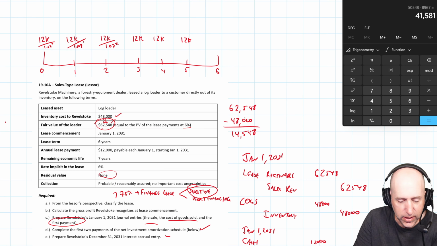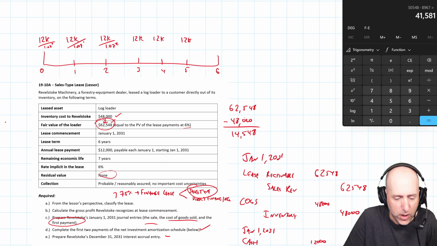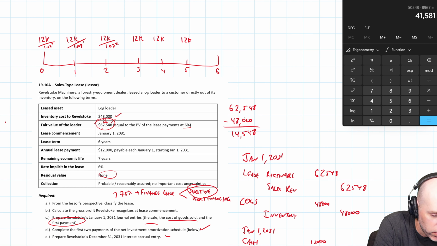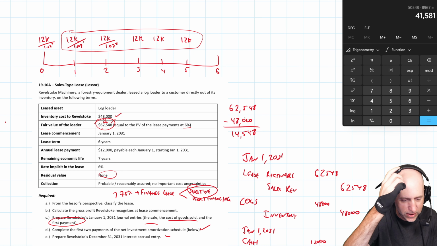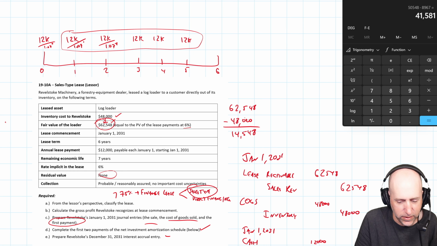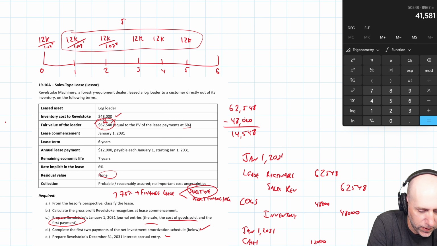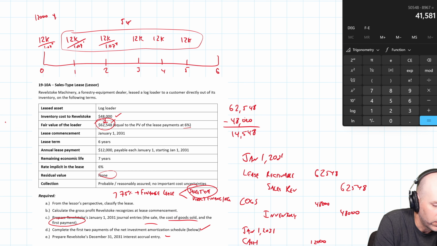Now, obviously, that's a lot of work, and we have an annuity here. It's an annuity due. The way I deal with annuities due is I just take the annuity portion, which is everything not at time zero that needs to be discounted. I do a present value of a 5-year annuity, and then I add in this $12,000 afterwards.